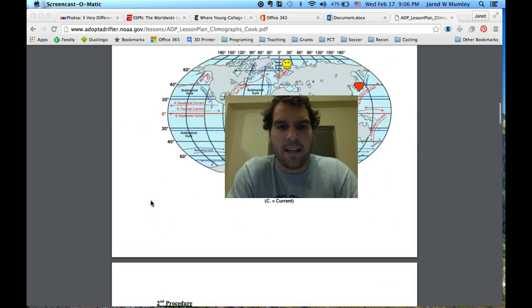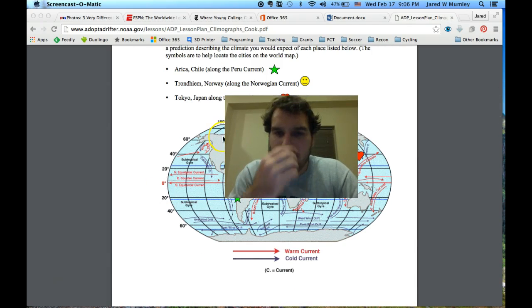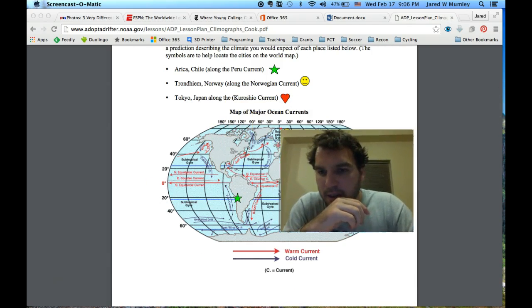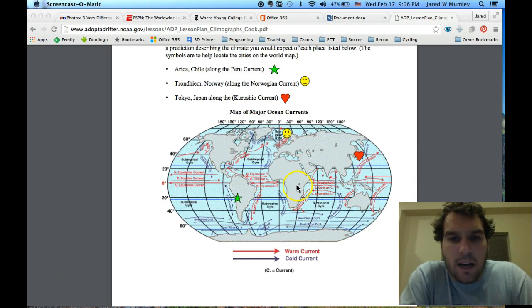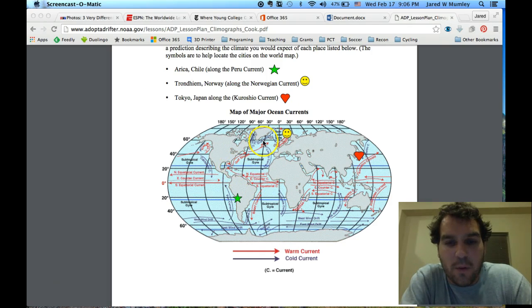You're going to have a packet that looks like this. It might be a little edited, but it's going to look something like this. Let me move my face out of the way. We've seen this before. In fact, yesterday we drew this in our ISNs. We have the ocean currents. The red is the warm current, the blue is the cold current, and they have profound effects on the climate.